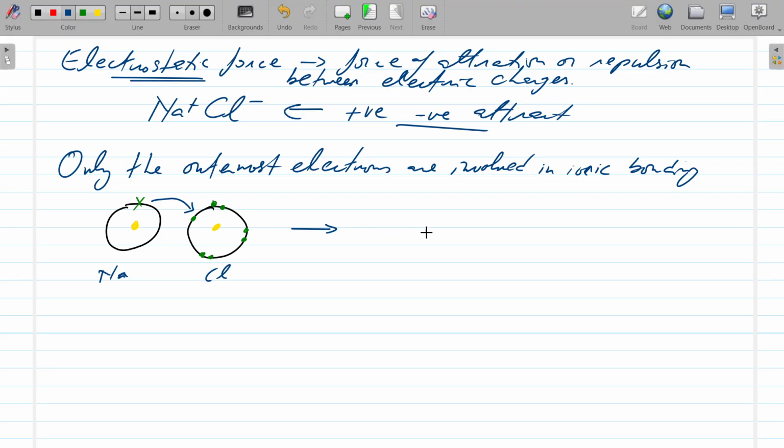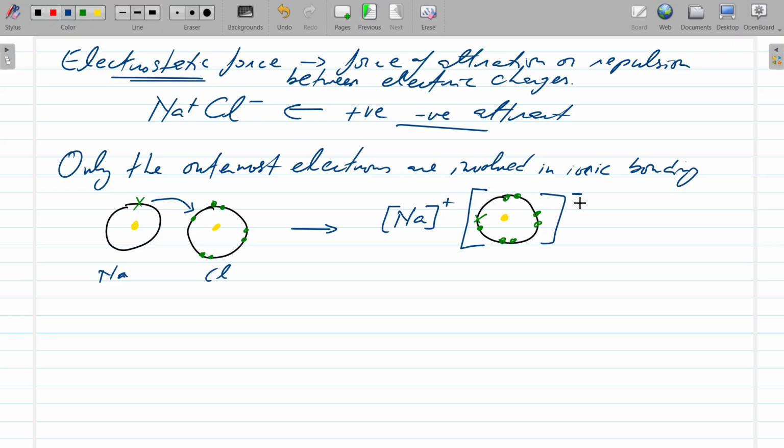Now you write Na plus, so sodium has a positive charge, and for chlorine, you are going to show the shell: the nucleus, then 2, 4, 6, and 8.